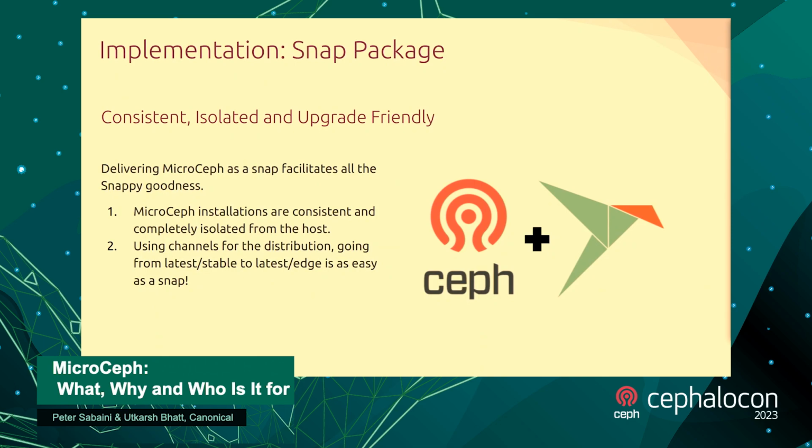So how did we do this? The first building block we're building upon with MicroCeph is the snap package format. Snap packages are self-contained software packages that have all the userland requirements that you need for a specific application inside.